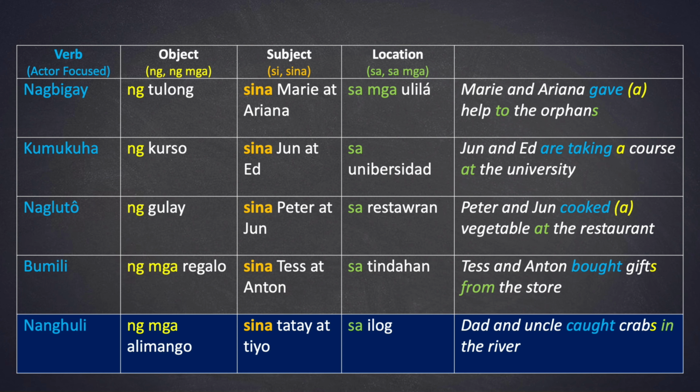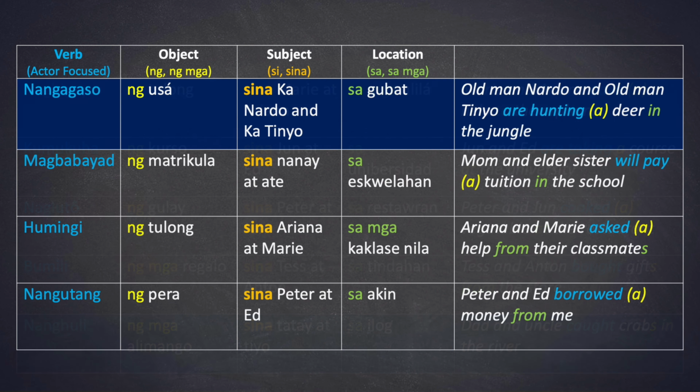Nanghuli ng mga alimango sina tatay at tiyo sa ilog. Dad and uncle caught crabs in the river. Nangangaso ng usa sina Nardo at Tinyo sa gubat. Old Man Nardo and Old Man Tinyo are hunting deer in the jungle.